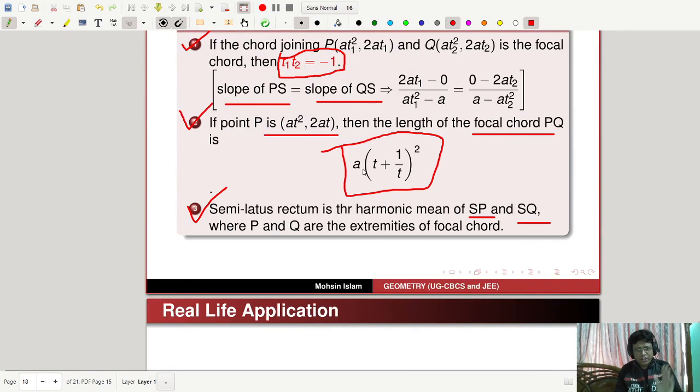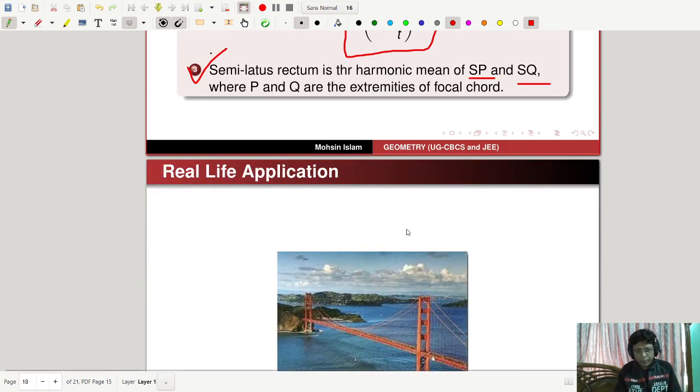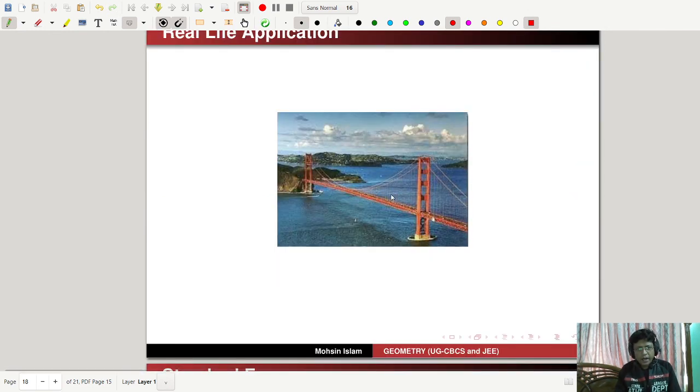Let's come to the last section of our chapter, some real life applications of the parabola. You can see the diagram. It is in the US, a cantilever bridge on the river, and this has a parabolic shape. This is a real life engineering application. In Kolkata also you have the Second Hooghly Bridge. These are all applications of the parabolic concept, because of some advantage of taking a parabolic shape.